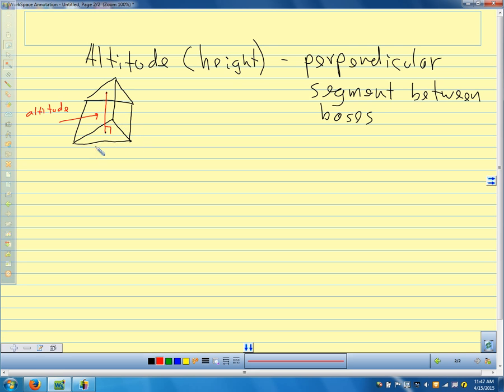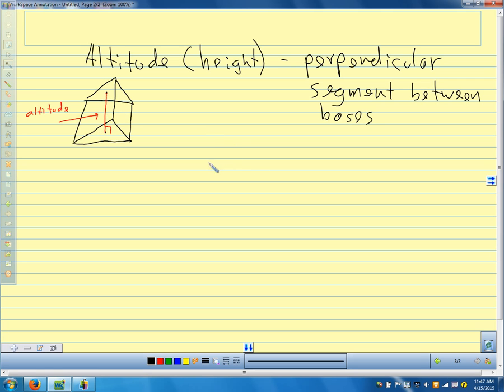Well, the triangle that's the base of the prism also has a height. So all of these different things have heights. So we're going to be using the same word to mean a lot of different things. It's important that we keep track of exactly what we're talking about. All right, so we find the altitude is the perpendicular segment between the bases.